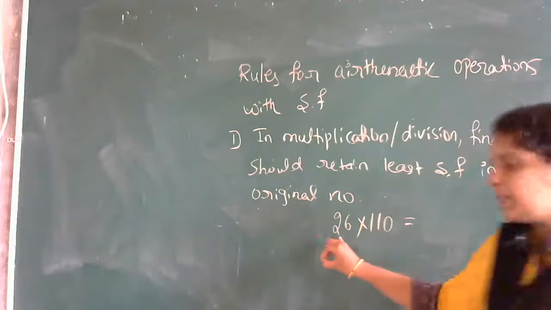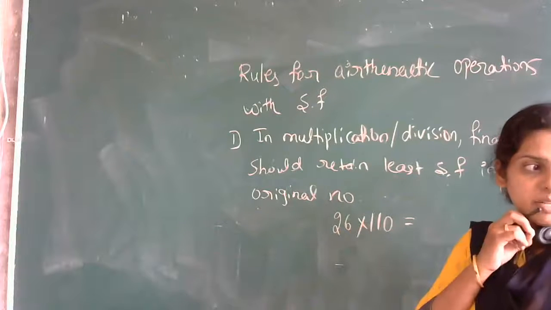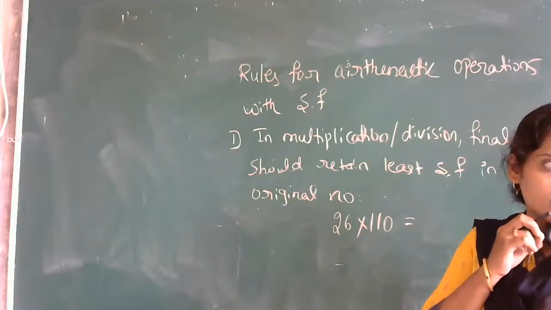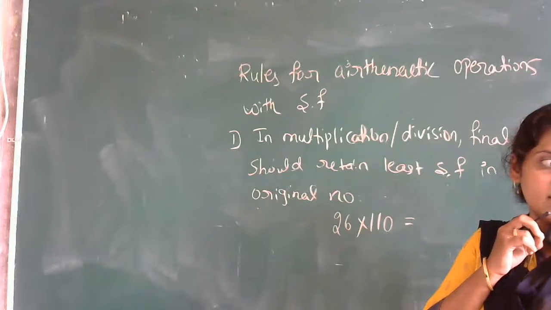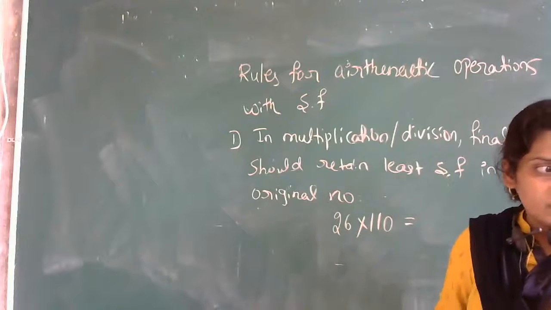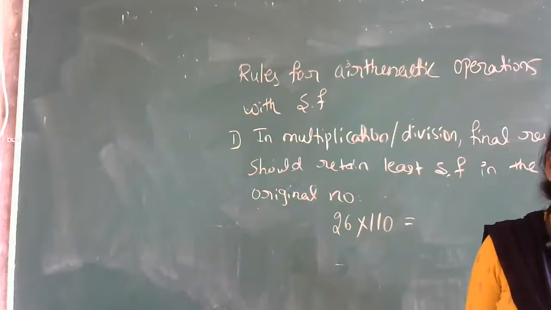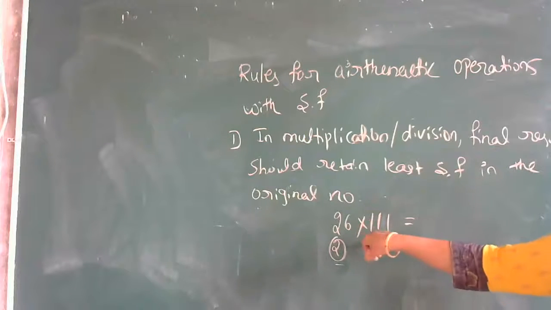What is the number of significant figures in the first number? I hope you remember significant figures, what we discussed yesterday. 26 has 2 significant figures. What is it in the second term?